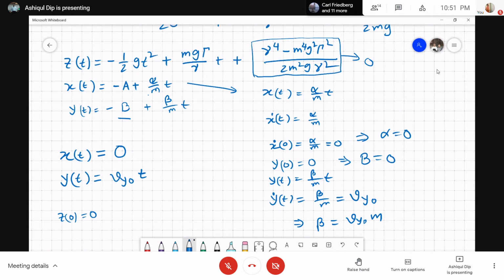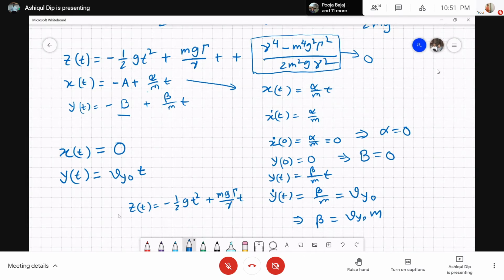Actually, we need not do that, because now you've reduced your z of t to half gt squared plus mg gamma by small gamma t. Now you need to substitute your velocity data.